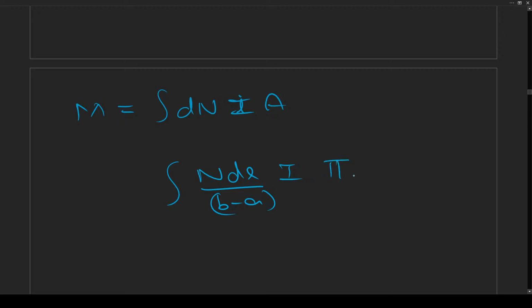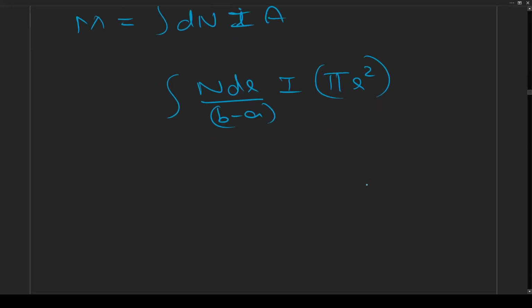integration of dn I A, which we will get as n dr by (b minus a) times I and pi r square, where everything except r square we can take outside.